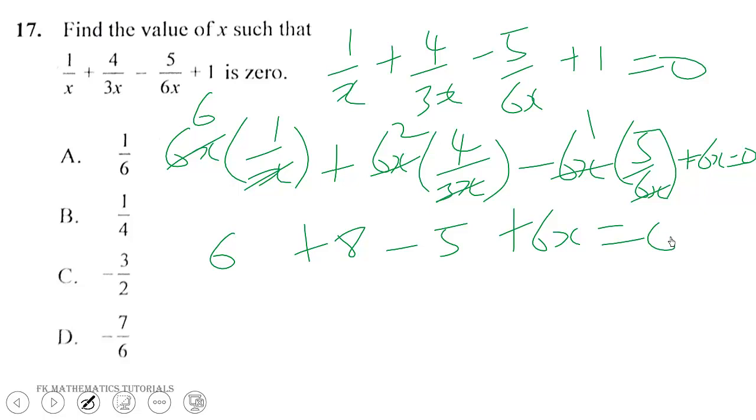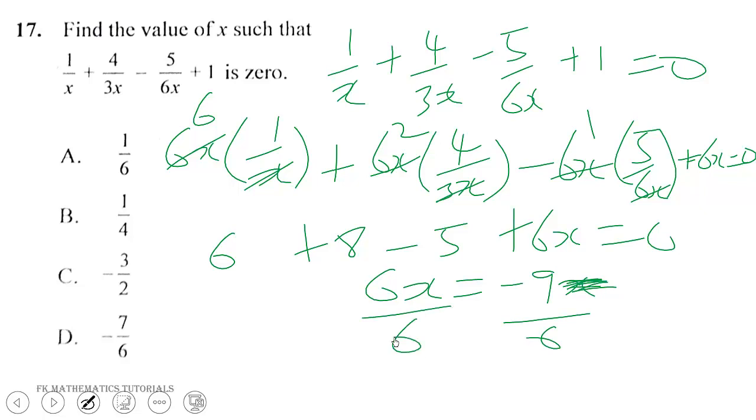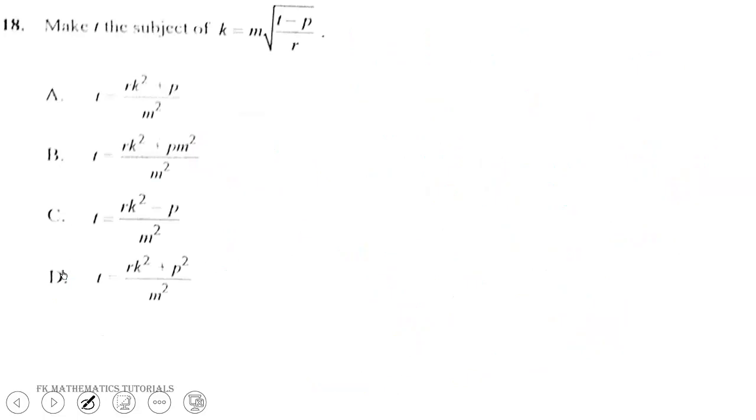So we have 9 plus 6x equals 0. 6x is equal to 0 minus 9, not 9x. So dividing both sides by 6, we have x equal to negative 3 over 2. So the correct answer is C.